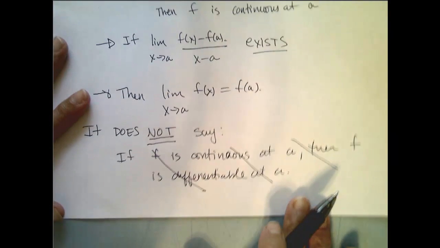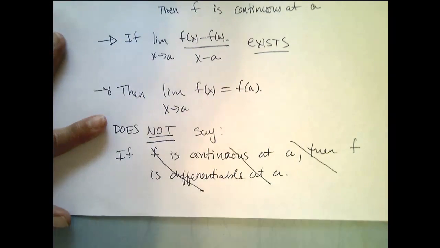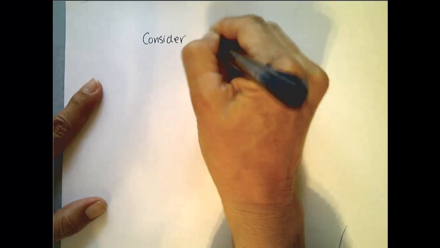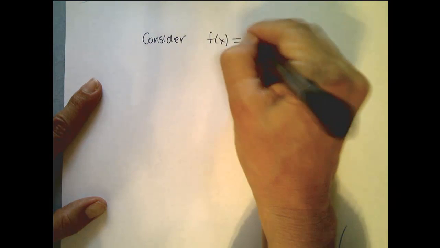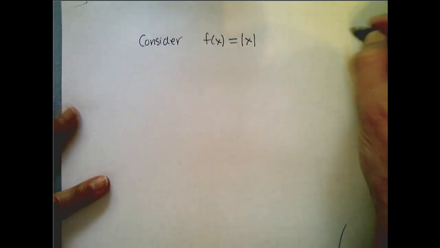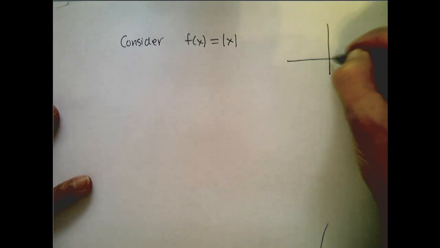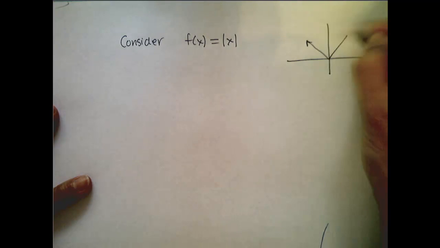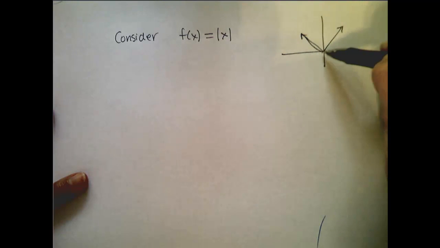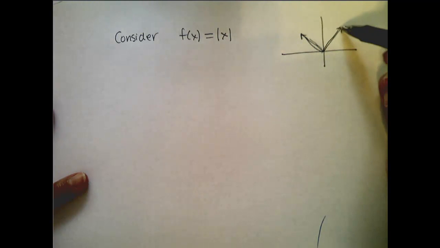And I'm going to give you a classic counterexample. Consider f of x equals the absolute value of x. What we saw in previous videos, well, first of all, let's sketch the graph. And so our graphical definition of continuity is that I can sketch this graph without ever lifting my pen.